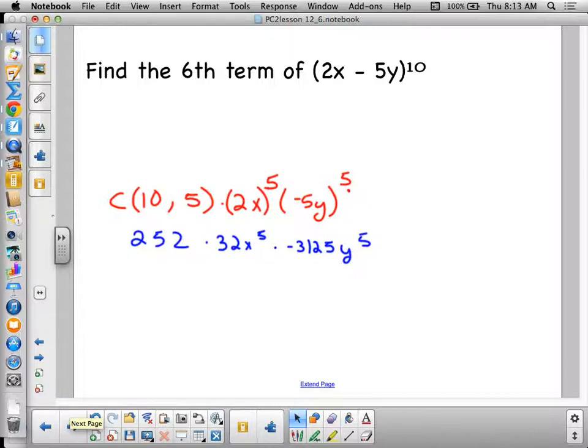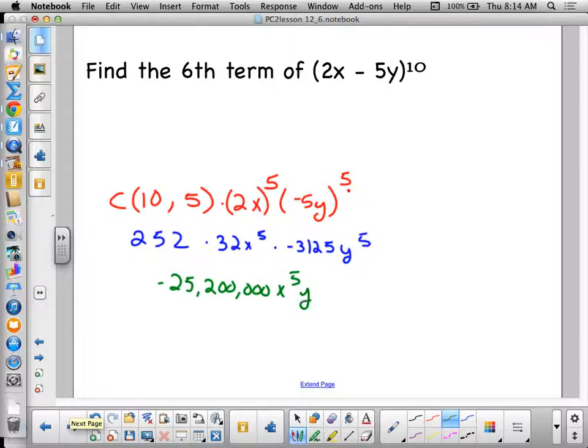So 252 times 32 times negative 3125 is negative 25,200,000 x to the 5th, y to the 5th. That's the sixth term of that expanded polynomial.